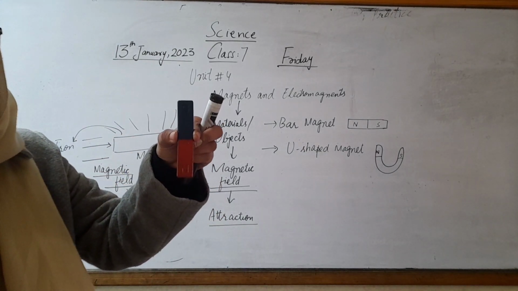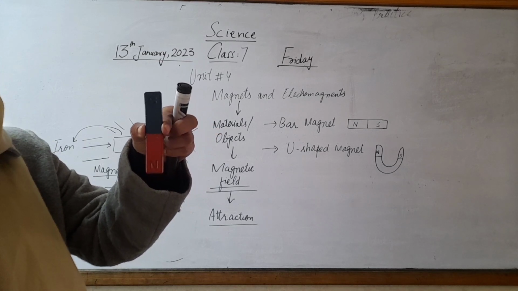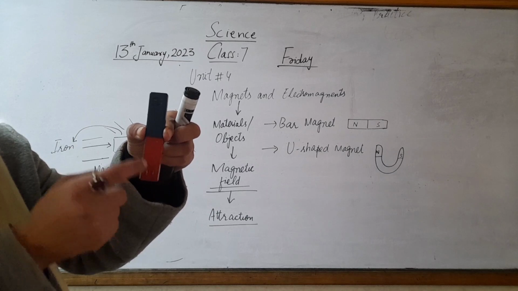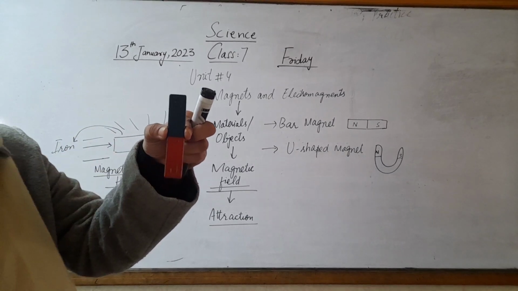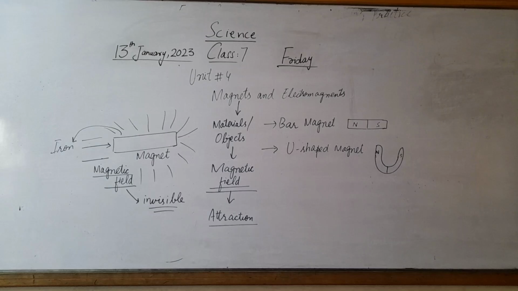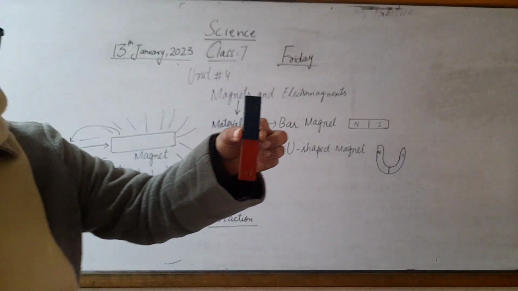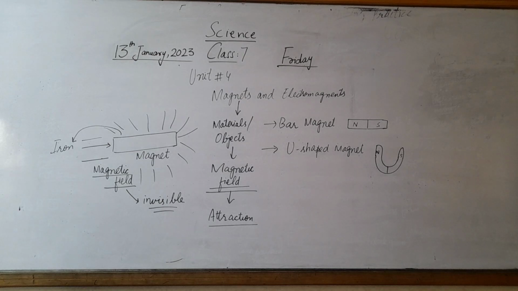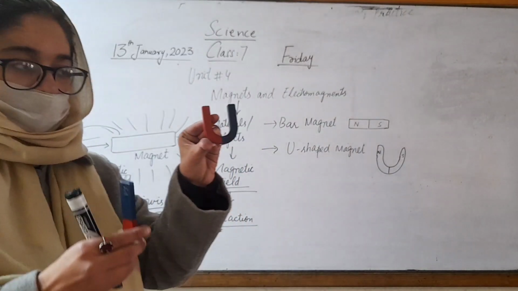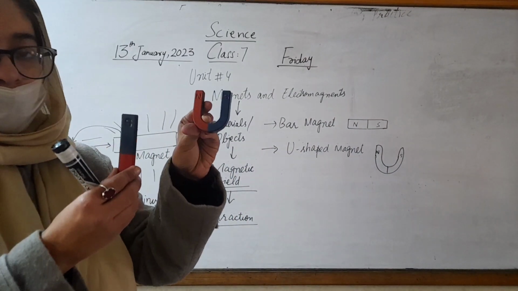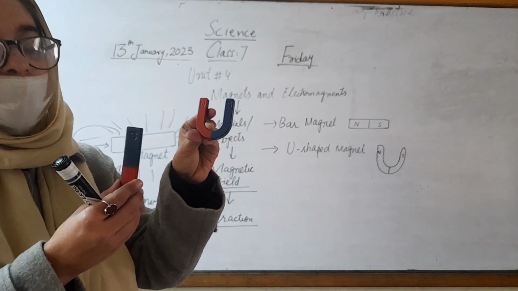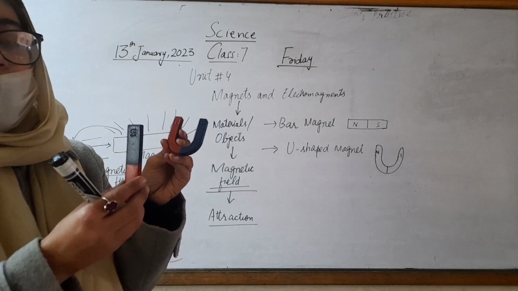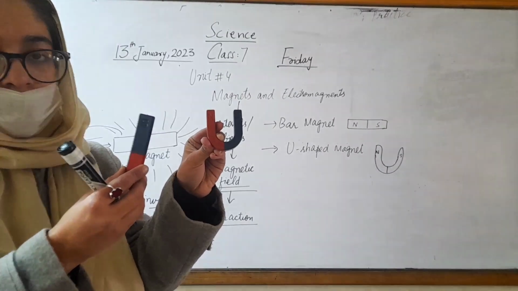We most commonly use the word bar magnet, having two poles, north and south. Clear? Bar magnet is bar-like, and U-shaped is in the form of a U, called a U-shaped magnet. Most commonly in the lab we use these two magnets.